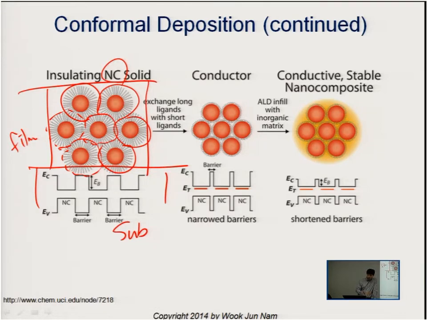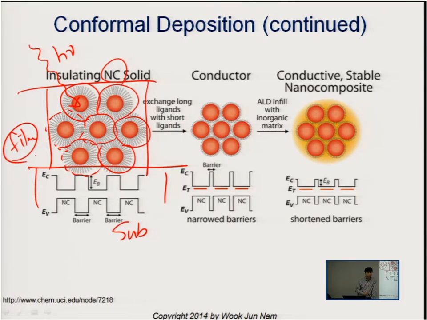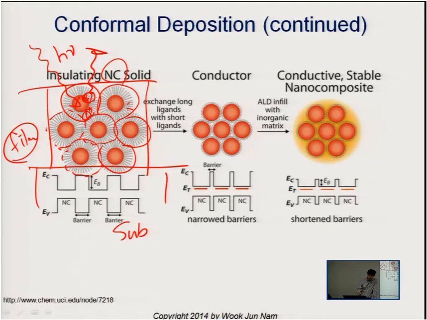So what happens is, when sunlight comes into this layer used as the light absorber, it may generate electrons and holes. But it depends on the length of the capping molecules. The electrons go in one direction and the holes move in the other direction, making a contribution, and then recombine at the other electrode.